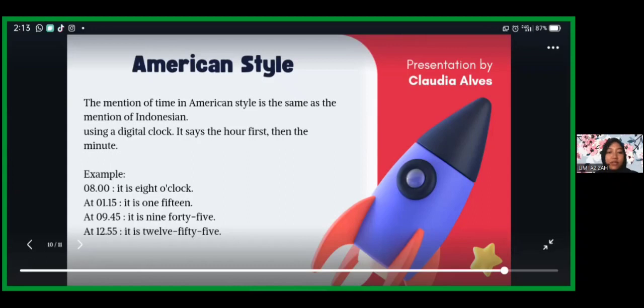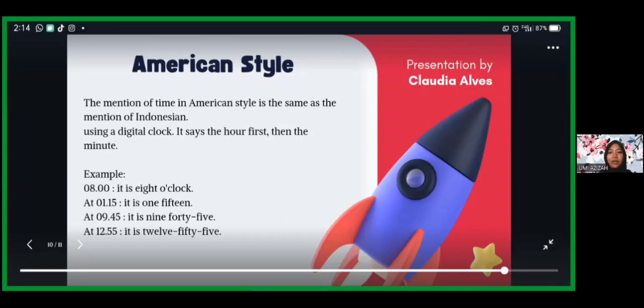In everyday conversation, it is AM or PM, yeah. AM is ante-meridian, which means before noon, and then PM, post-meridian, which means after noon.